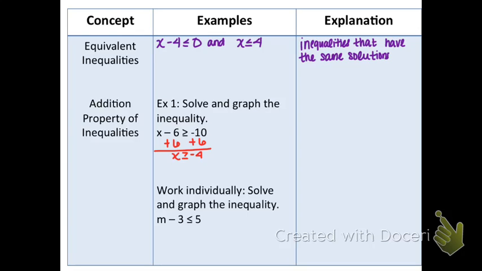So what I did was apply the addition property of inequalities.